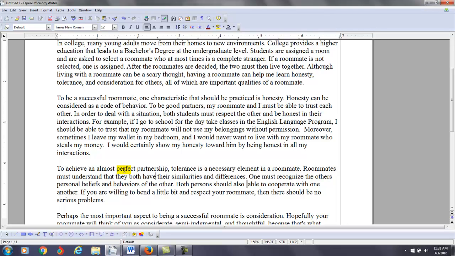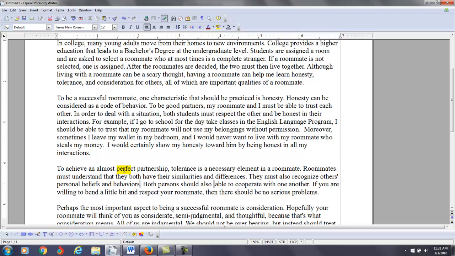Roommates must understand that they both have their similarities and differences. Now, because you said roommates here, I'm going to say they must also recognize others' personal beliefs and behaviors. Both persons should also be able to cooperate with one another.